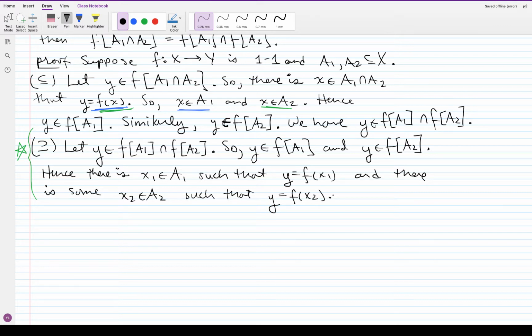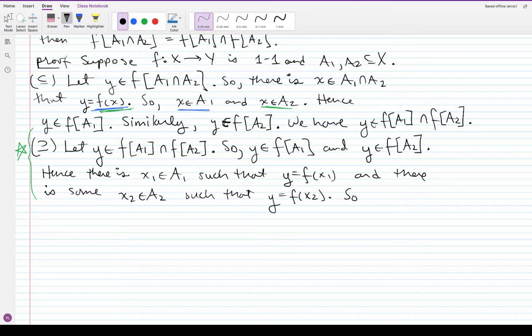You cannot assume that these are the same thing right now. I mean, if you do, then you have proven this subset direction for an arbitrary function that's not even one-to-one. And we simply know that it's not true in general. So that would be the common mistake, to accidentally assume that these are the same thing.